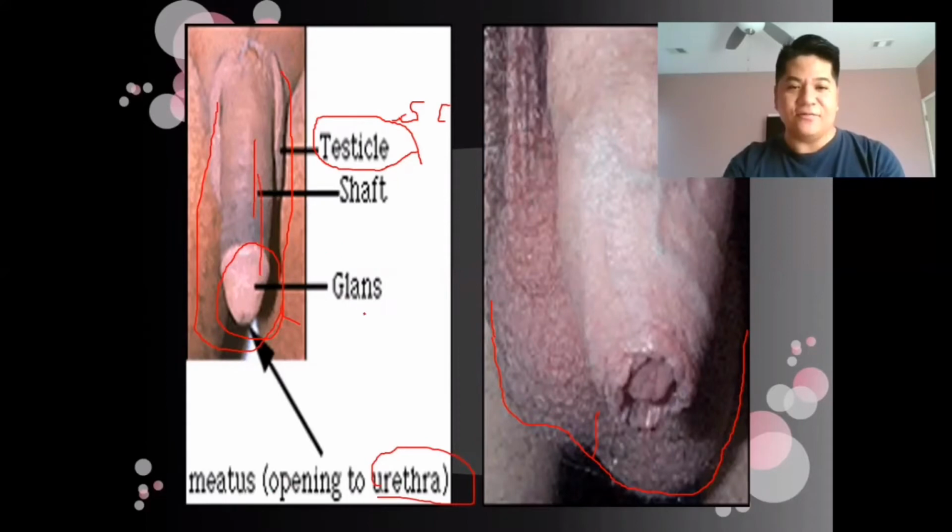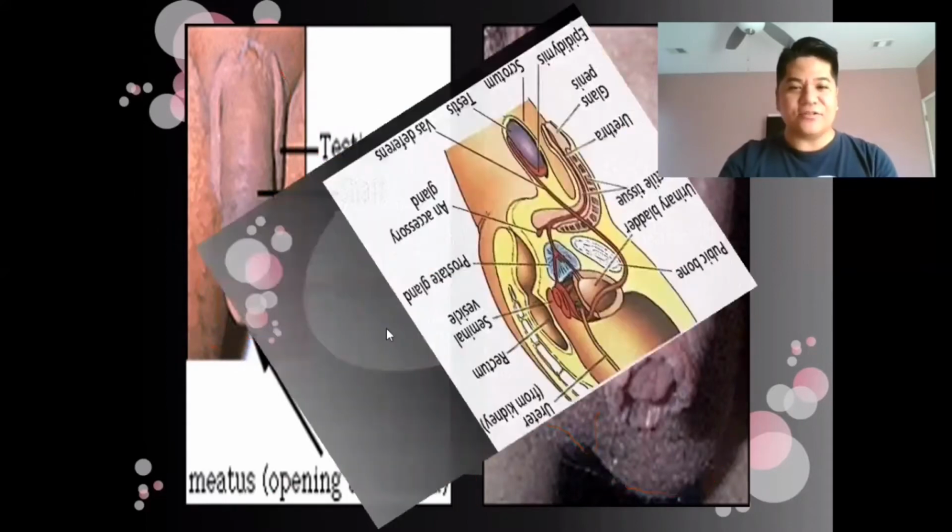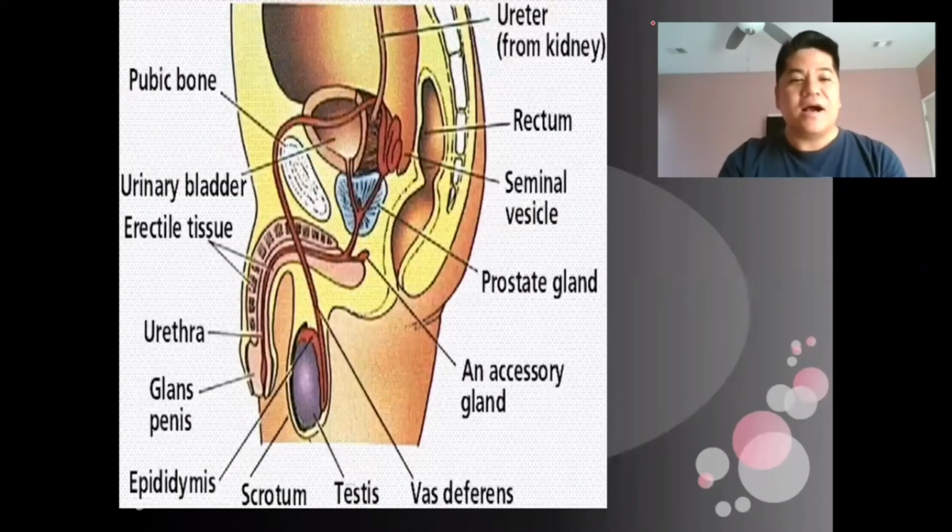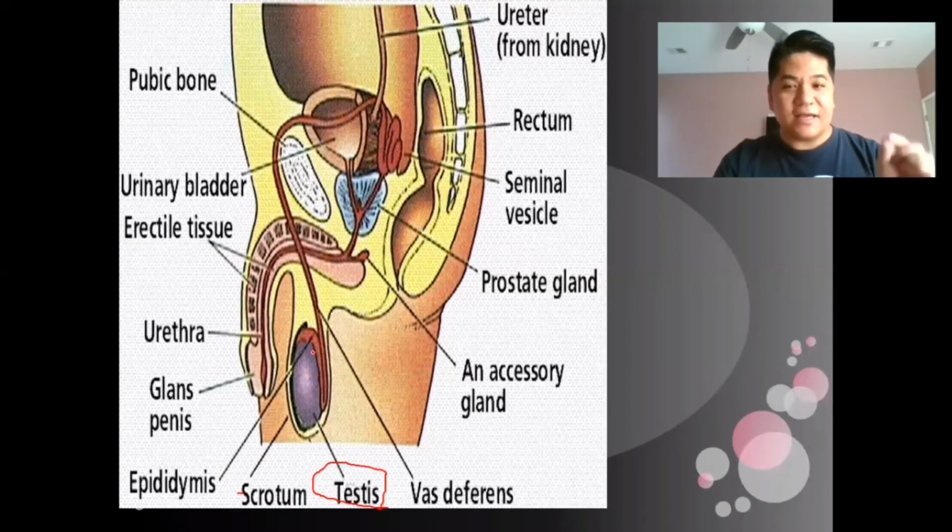Next to that, we're going to talk about your internal structure. We already tackled the scrotum and the testis. There is a tube-like structure at the top of your testis called the epididymis, which is a pathway for your sperm cell.